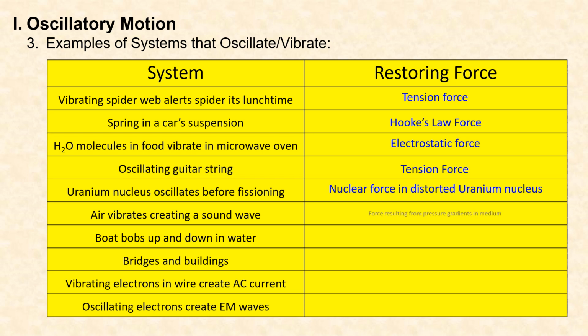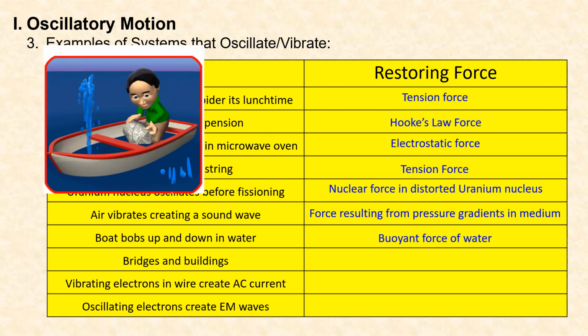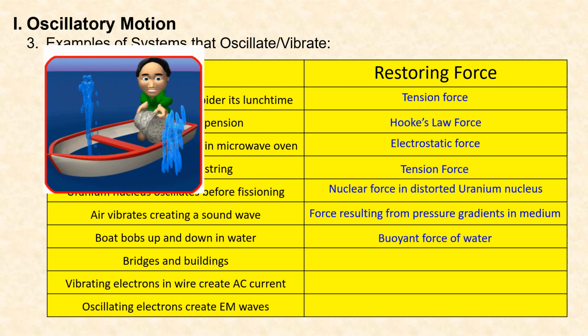What about air vibrating to create a sound wave? Force resulting from the pressure gradients in the medium supplies a restoring force. A boat bobs up and down in the water. Clearly an example of an object that is moving repeatedly over the same path.